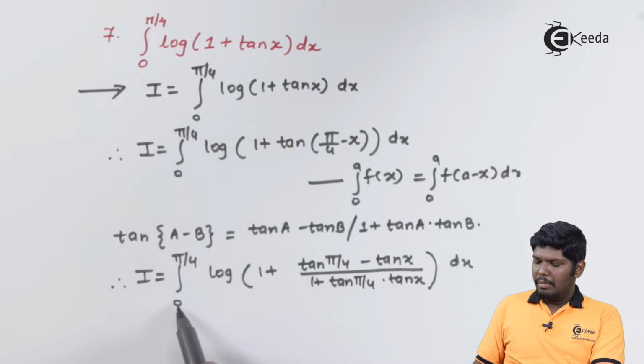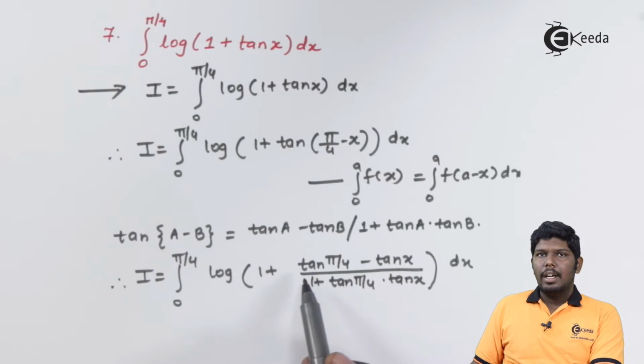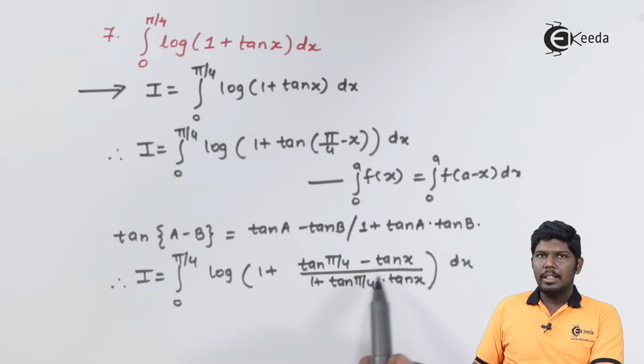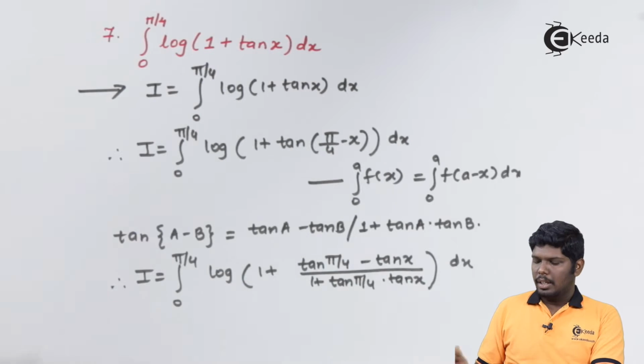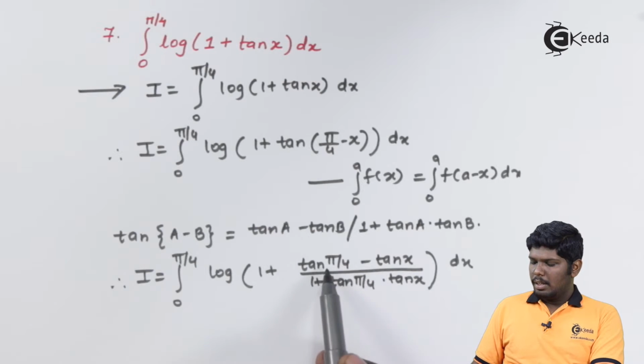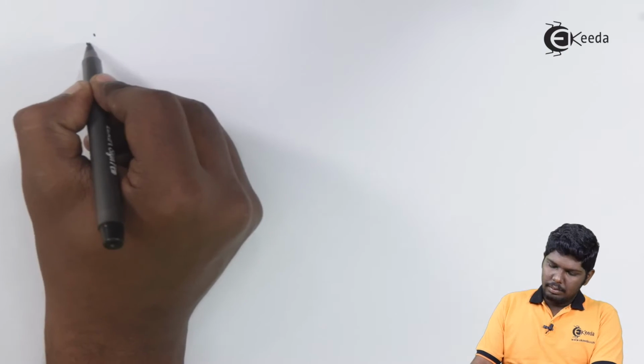Therefore, we have integral 0 to pi by 4 log of 1 plus tan pi by 4 minus tan x upon 1 plus tan pi by 4 into tan x. Now we know that the value of tan pi by 4, that is tan 45 degree, is equal to 1. So let us substitute tan pi by 4 as 1. This will give you log of 1 plus 1 minus tan x upon 1 plus tan x.